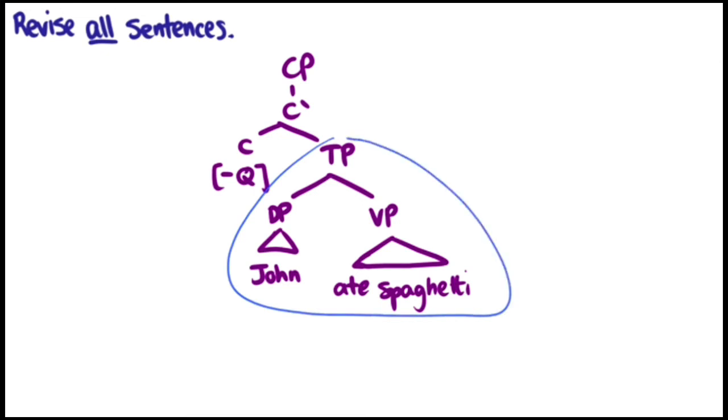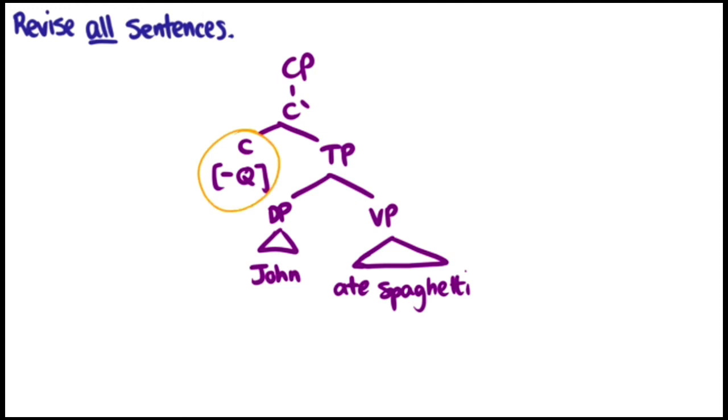So in the sentence "John ate spaghetti," we have a TP, a TP, and a VP. So this part is normal. But we also introduce the empty complement. So right here, let's really focus on this. There's a C here and it is empty.